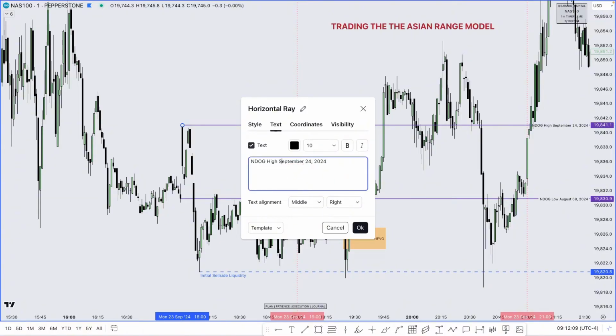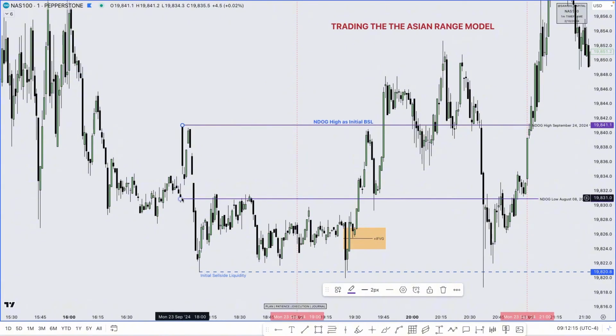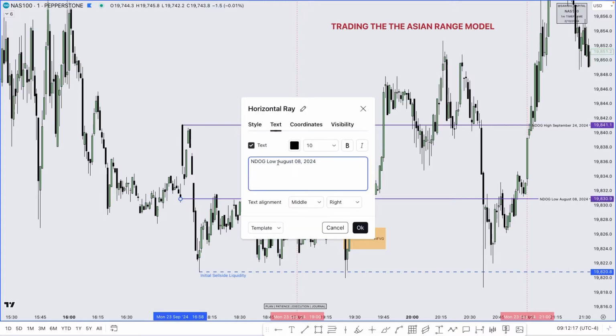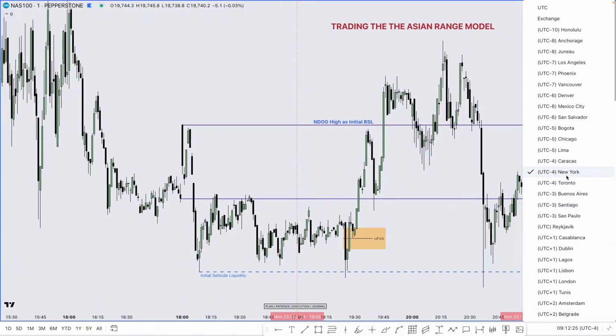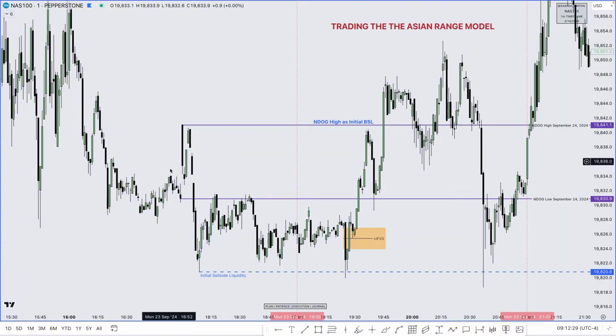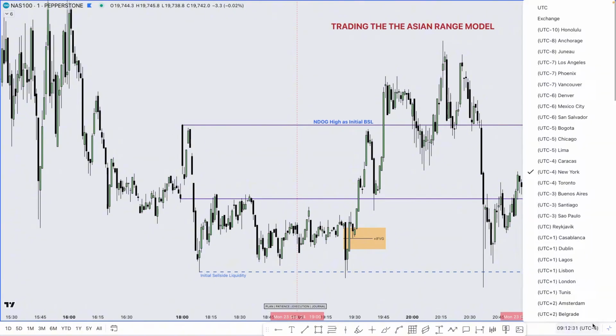You use the following day because you're going to be trading just after midnight. You're going to be trading the Asian session, which after midnight will be the 24th, right? Obviously you are using New York local time. That's very important. Everything here, when I'm referring to time, I'm using New York local time.